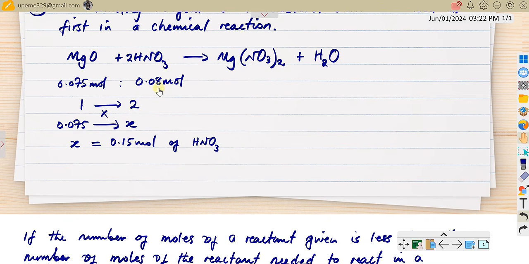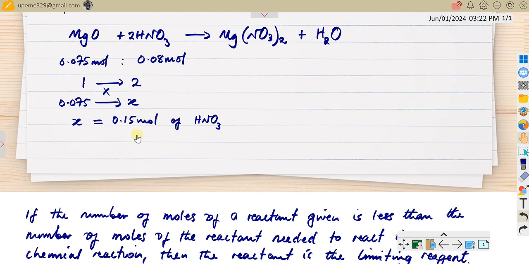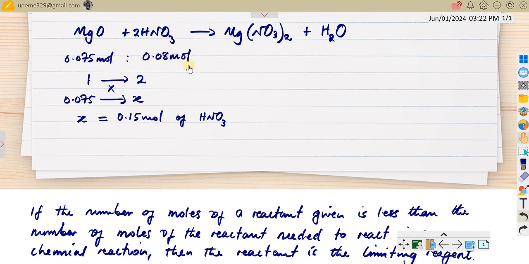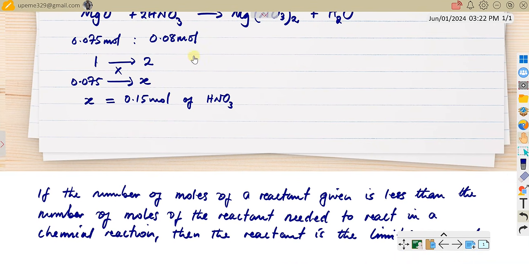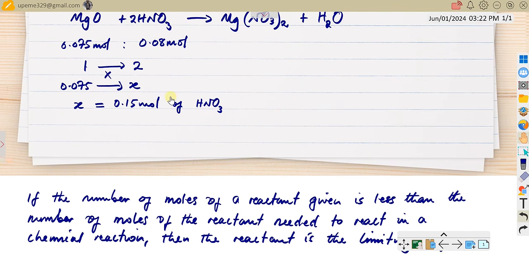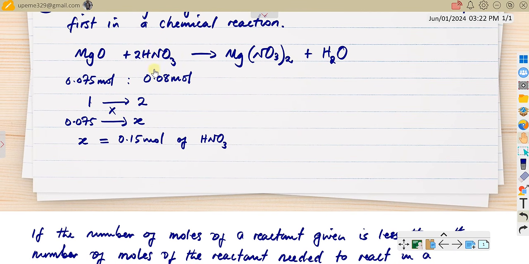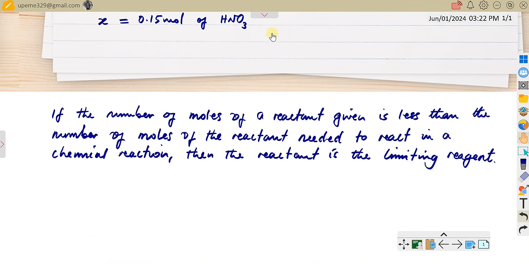But in reality, what was provided is this. What was provided is less, what is needed is more. So since what was provided is less, the nitric acid is the limiting reagent. So that is that.